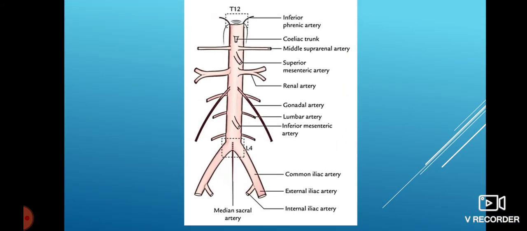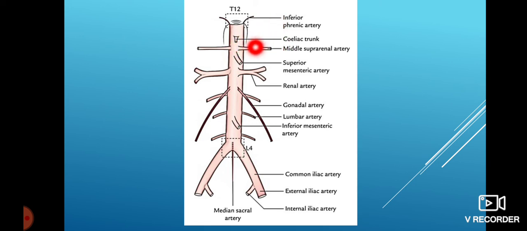The remaining branches include the inferior phrenic artery, the first one, given from the abdominal aorta just after it enters the abdominal cavity, just below the diaphragm. The superior phrenic artery comes from the thoracic aorta and supplies the superior aspect of the diaphragm, while the inferior phrenic artery is given off from the abdominal aorta. That is the first branch arising from the abdominal aorta, which supplies the inferior surface of the diaphragm.